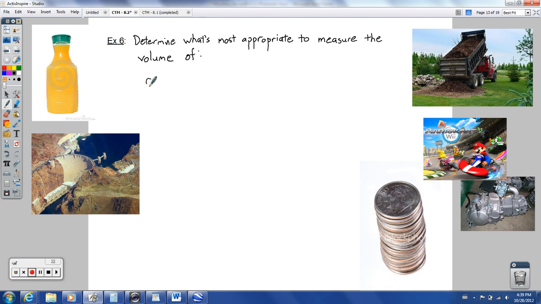So let's start off with a container of juice.